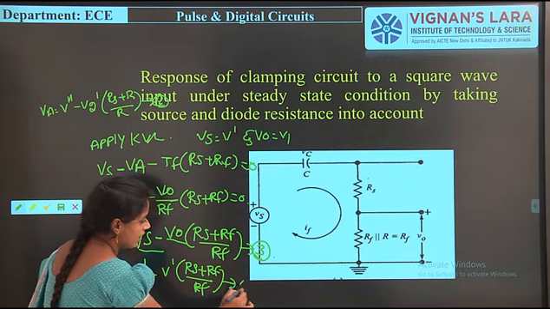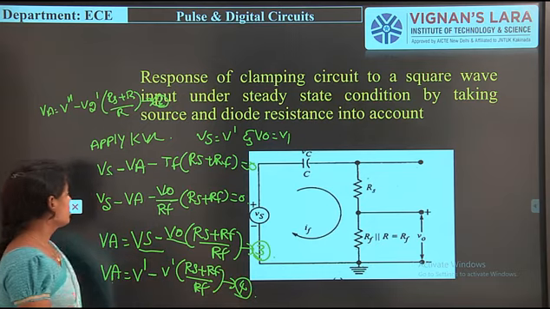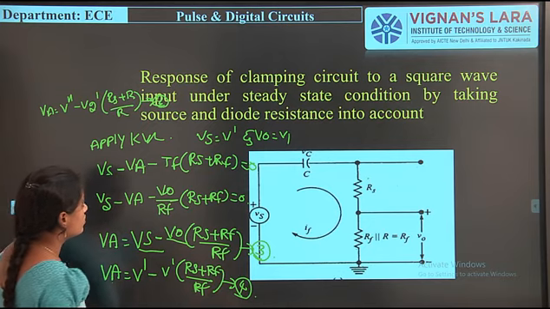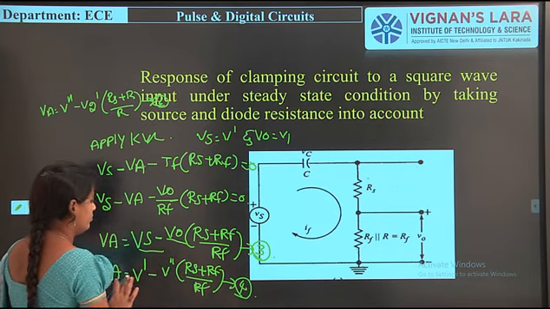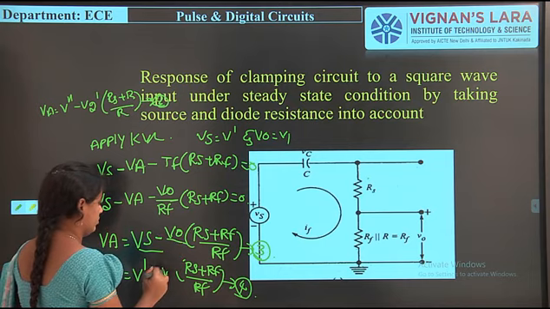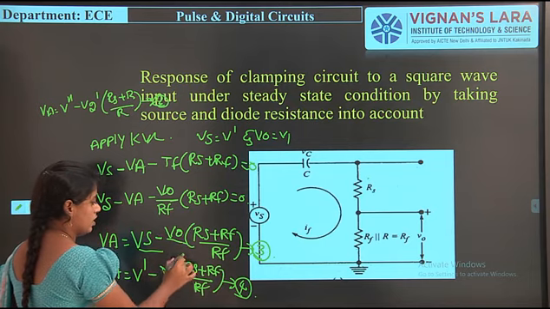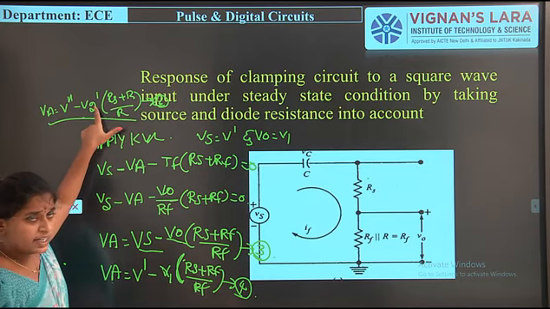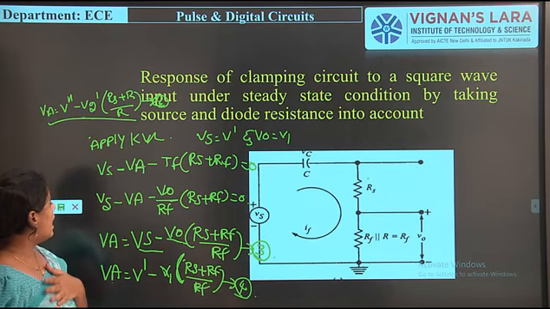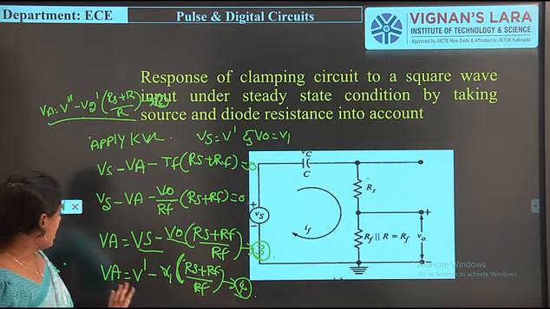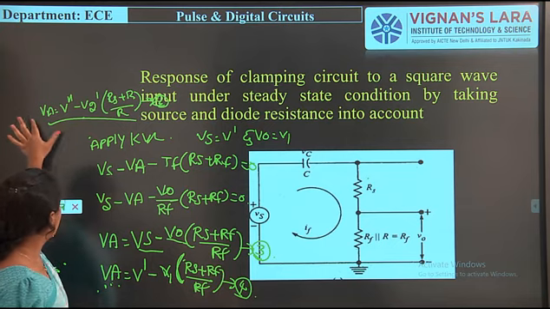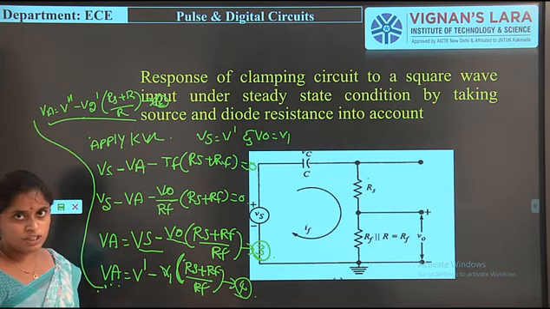So this is taken as equation number 2. Sorry, this one is V1 only. Va is equal to V double dash minus V2 dash (Rs plus Rf) by Rf, and Va is equal to V dash minus V1 (Rs plus Rf) by Rf. I have to take these two equations and based upon that we solve the conditions.